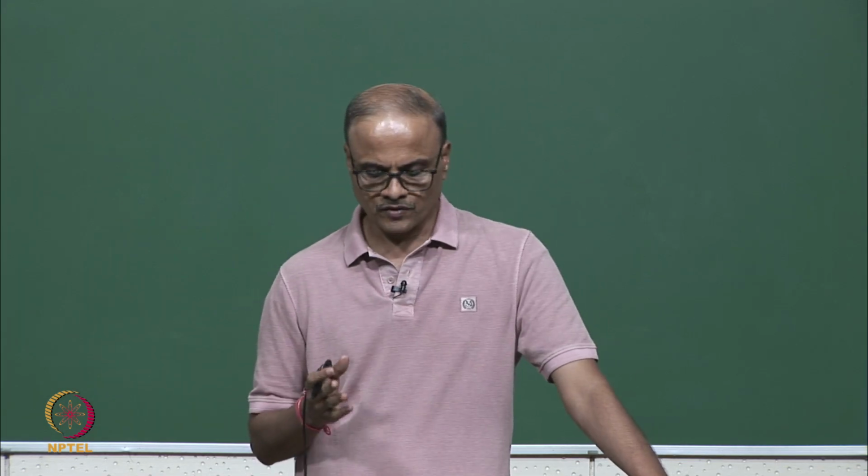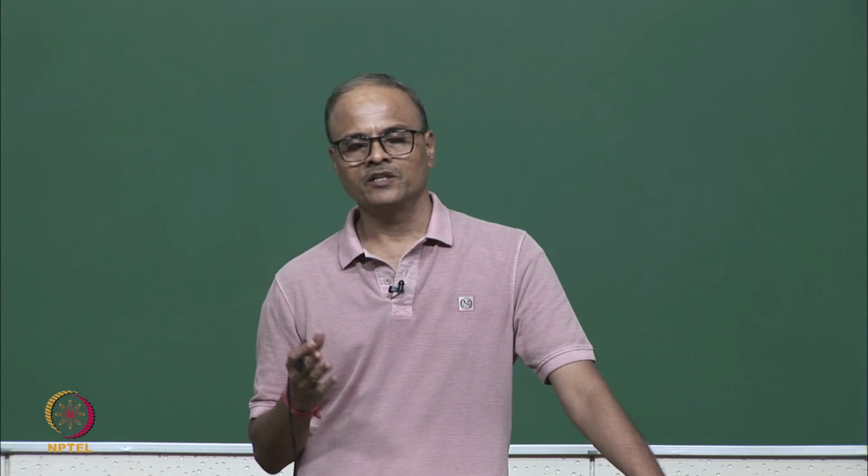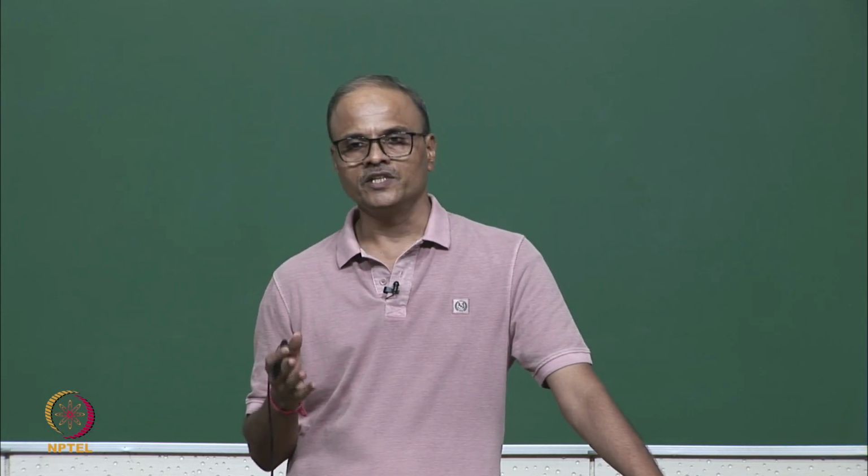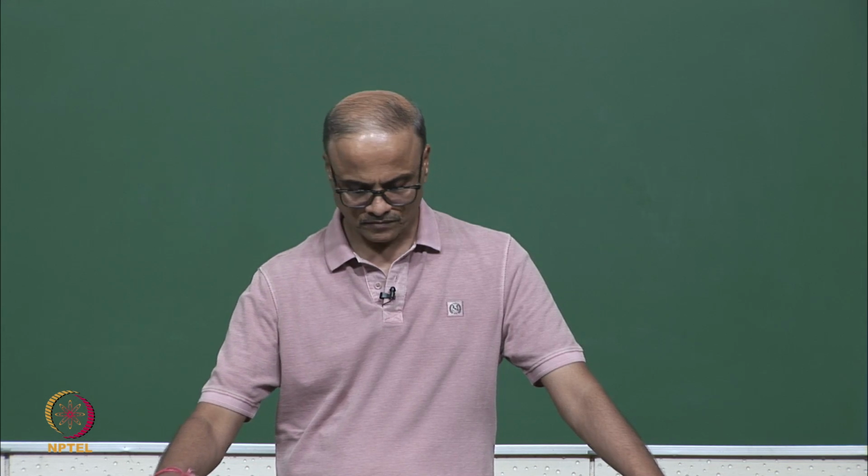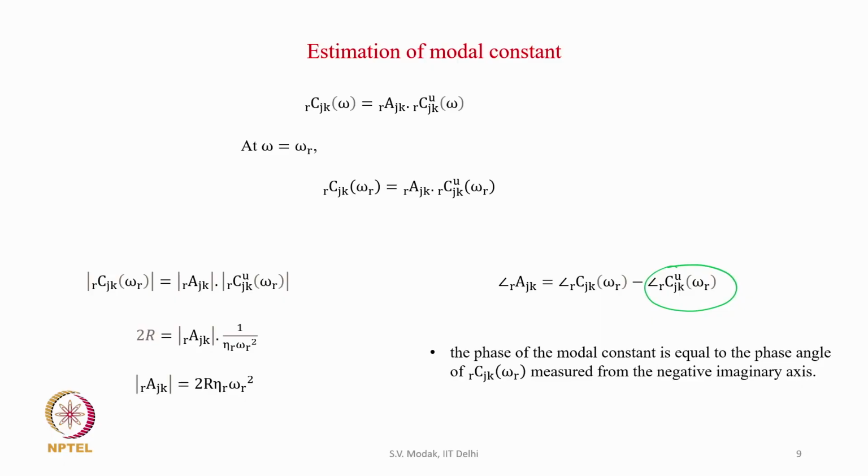So, the phase of the modal constant r a j k is equal to the phase of the r c j k at omega r. How can we determine that phase? We can determine it by finding the phase angle of r c j k at omega r measured from the negative imaginary axis. In this way we get the magnitude and phase of the modal constant.